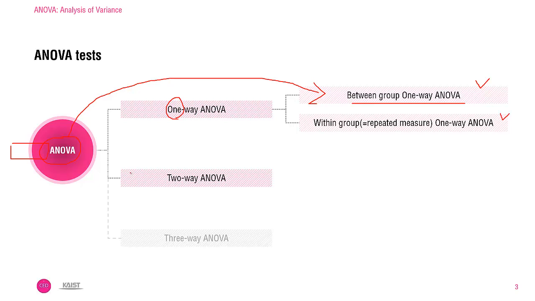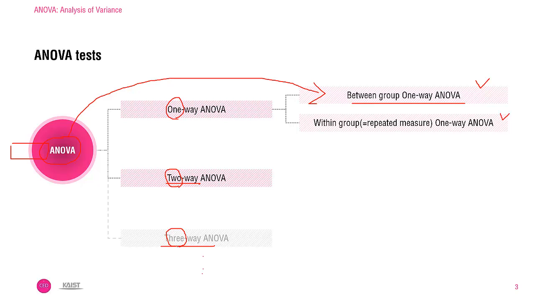When we have more than one independent variable, then it becomes two-way ANOVA, three-way ANOVA, and so forth. So 2 here indicates that there are 2 independent variables, and 3 here indicates that there are 3 independent variables.